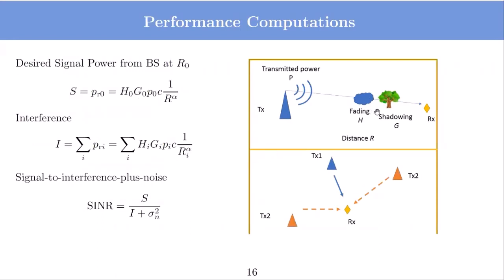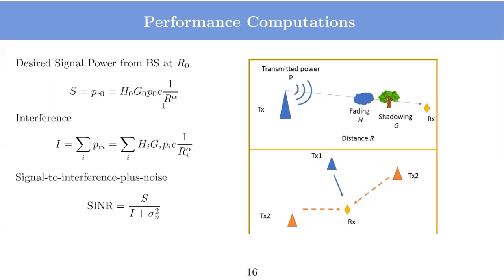So the desired signal power, in this case from the transmitter, would be PR0 equals H0 G0 P0 C times 1 upon R0 to the alpha. Here I am denoting everything with 0 to indicate the parameters corresponding to the desired transmitter. Similarly, if there are multiple transmitters, each of those interfering links will have a similar receive power.